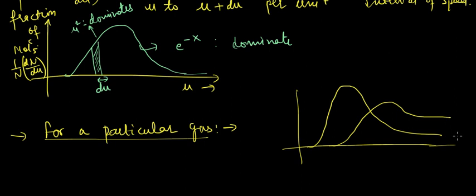Okay, again on the y-axis we have fraction of molecules, and on the x-axis we have u or speed.